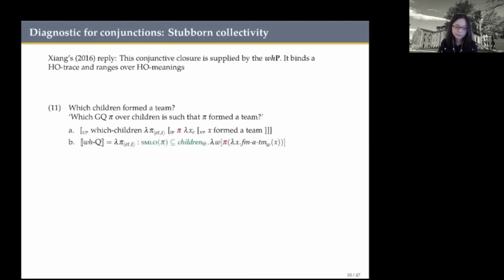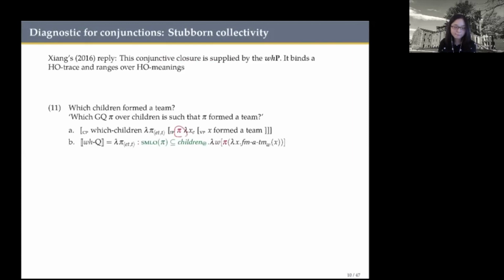So my reply is that the conjunctive closure is supplied by the wh-phrase. This wh-phrase binds a higher-order trace and ranges over higher-order meanings. So in sentence 11, the question is interpreted with a higher-order reading, which generalized quantifier pi over children is such that pi form the team. The composition is that "which children" binds a higher-order trace pi in the nucleus.